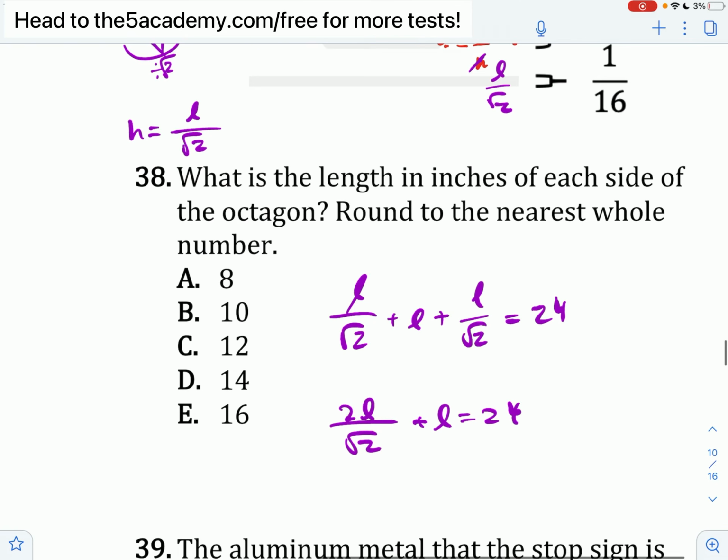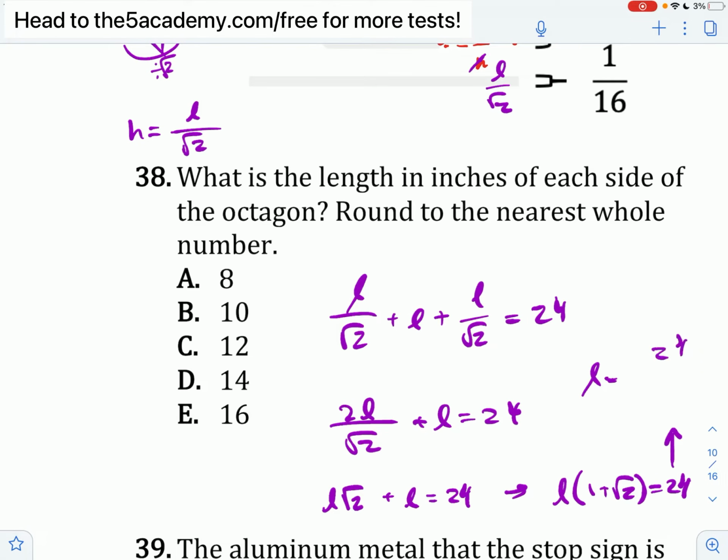I can further simplify that. 2 divided by square root of 2 is just square root of 2. L square root of 2 plus L is equal to 24. Let's factor out an L. L times 1 plus square root of 2 is equal to 24. That means that L is equal to 24 divided by whatever 1 plus square root of 2 is. I can put that into my calculator. So 24 divided by 1 plus square root of 2.